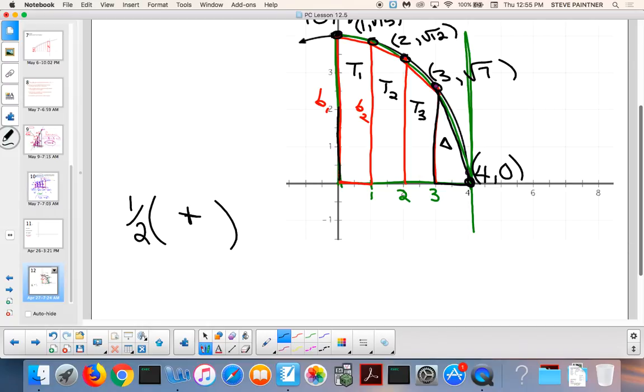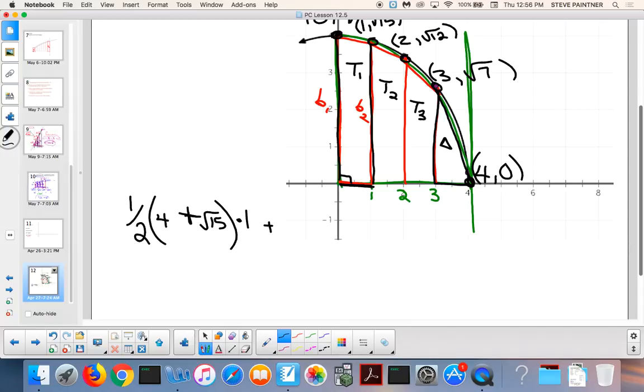This is one base plus another base. Right. 4 plus the square root of 15. What's the height? Okay, the height creates a right triangle with the bases. It's got to be 1, which is a waste of time, by the way, but I'll put it anyways.